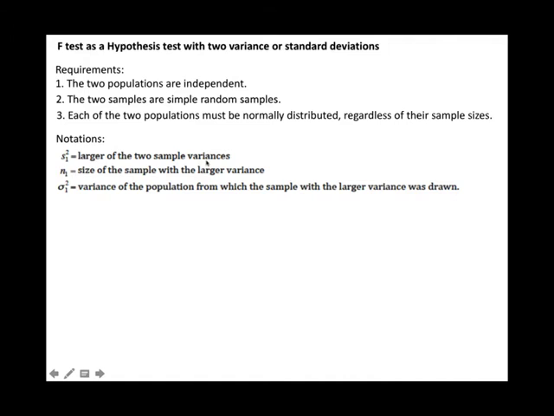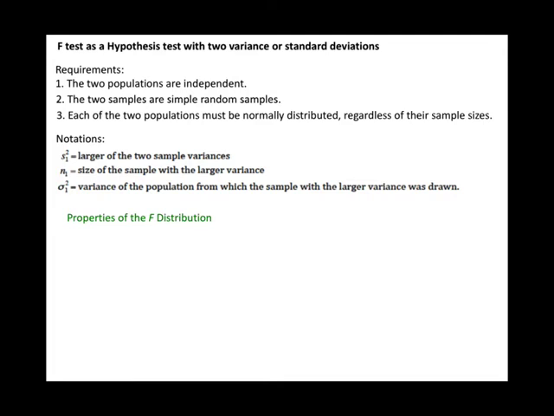That means when you look at the data of the two populations, first you look at the sample variance. Which one is the larger one? The larger one will be your population 1, and the other one will be your population 2. And N is the sample size, and sigma squared is the population variance.